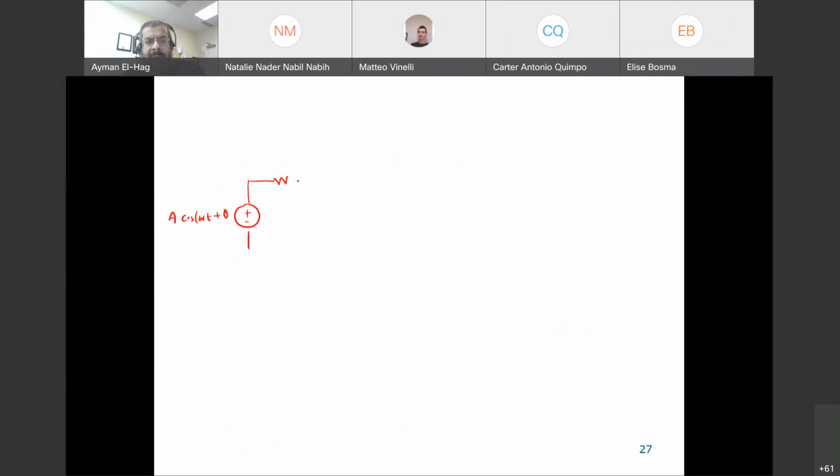Then you will have R1 connected, maybe L1, maybe R2, maybe there is another L2, maybe there is C1 and L3, something like this. And you are asked to find, for example, what is the current here, i of t.